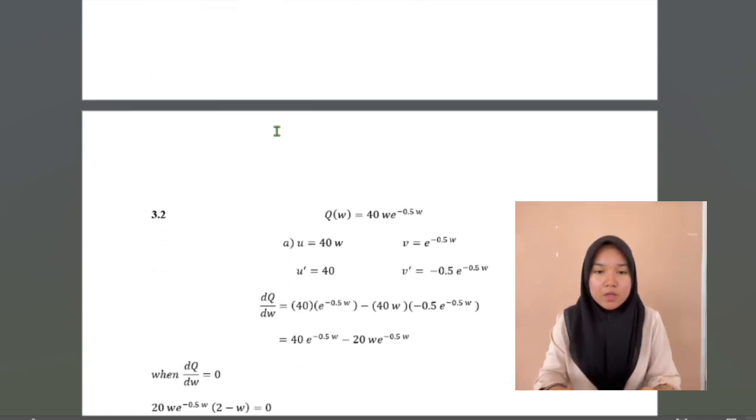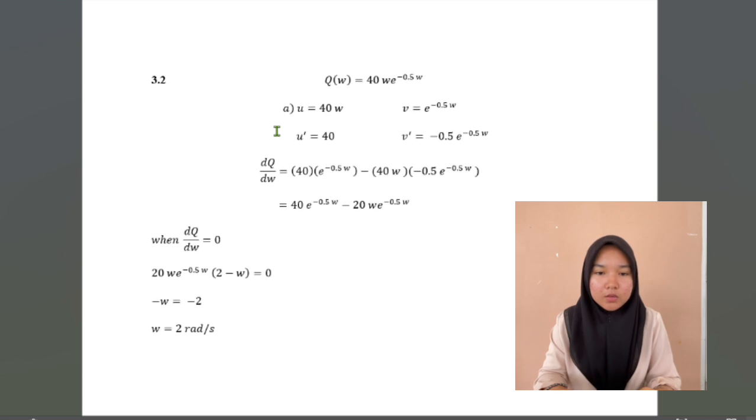Okay, so we're going on to 3.2, which is fan blade speed for maximum airflow. In this question, we're going to use the product rule and chain rule.